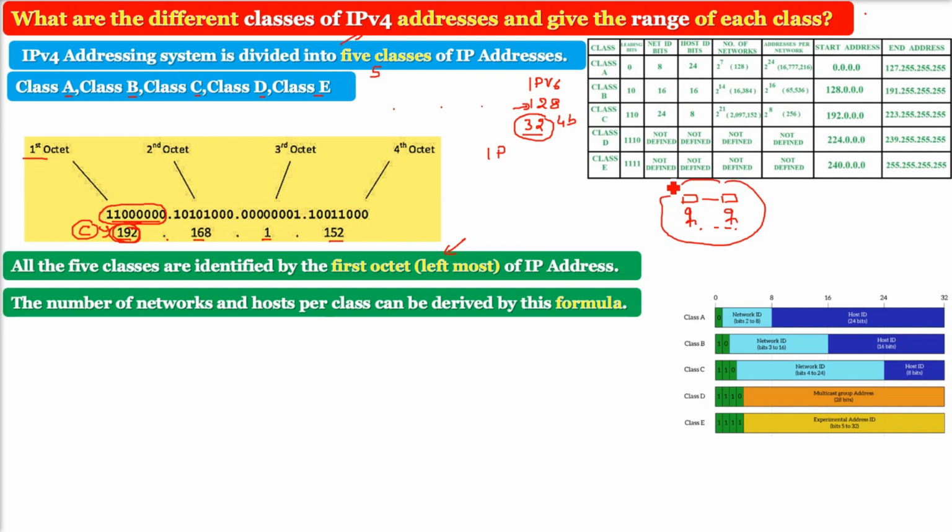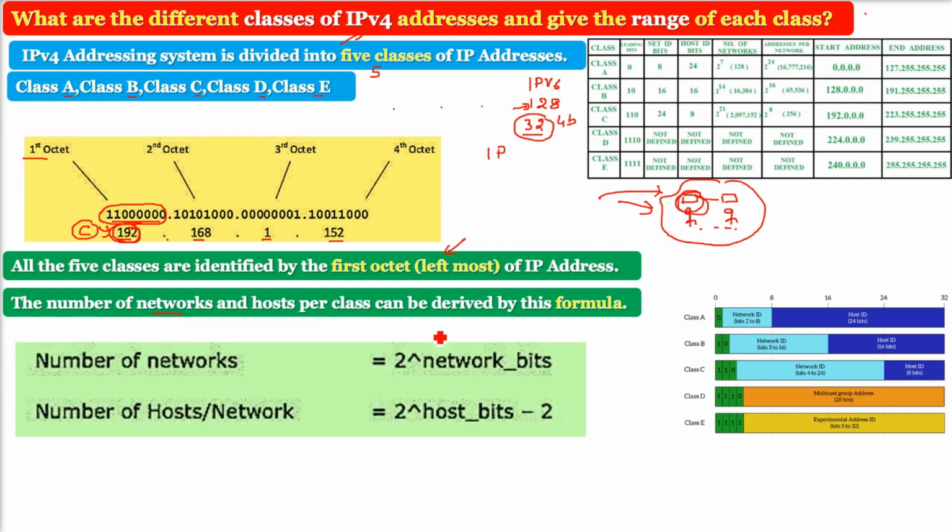So first is to identify on which network you are, because there are millions of networks around on the internet. So which network do you belong to? And when you understand which network you are in, what host you are, that is which system, because IP is all about uniquely identifying a host.